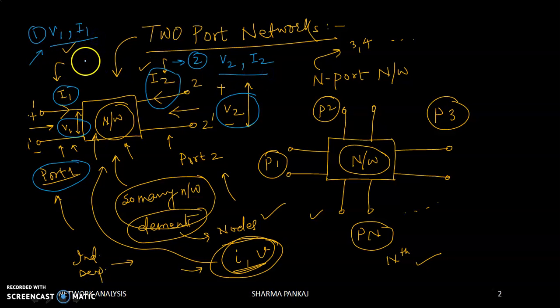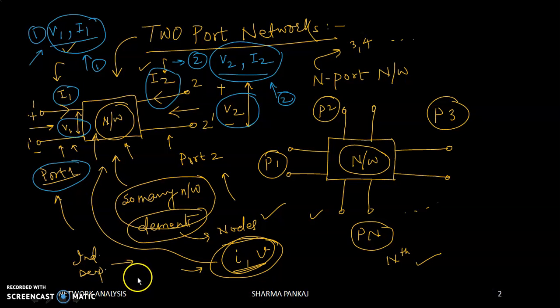We are going to represent all the parameters of these two-port networks with the help of V1 and I1 and V2 and I2. This is your variable representation of two-port networks: this one for port number 1 and this one for port number 2.